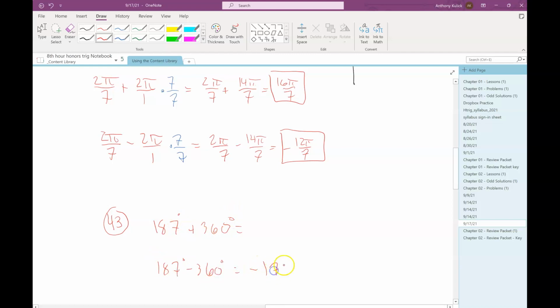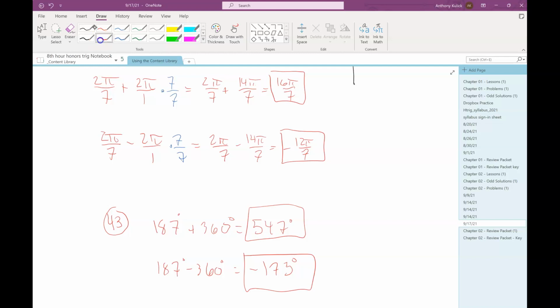It's as easy as you want it to be. So that's it. That's not bad. Heck of a lot easier when it's in degrees, right? The arithmetic is easier anyways, or feels more familiar.